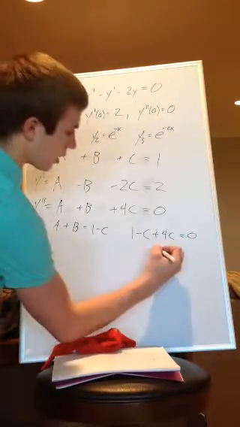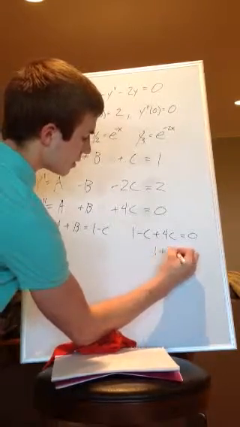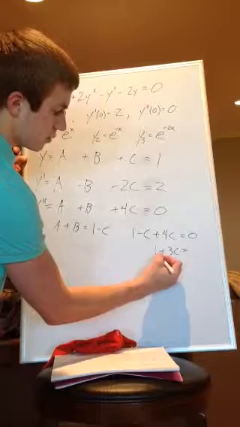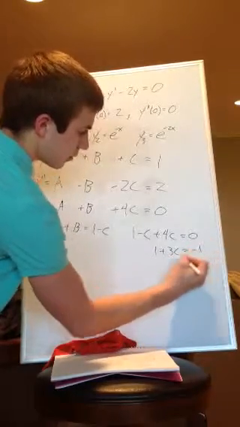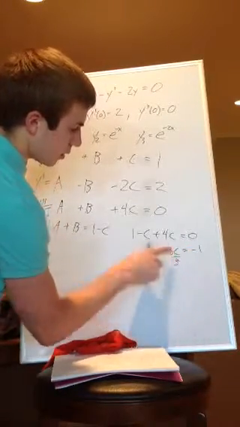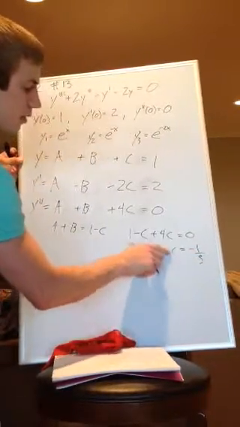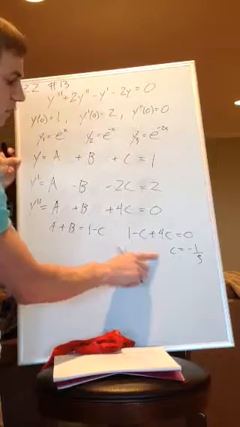Taking this down, we're going to have 1 plus 3c equals 0, and we'll subtract this 1, so we'll have negative 1, divided by the 3. What we're going to have left is c is equal to negative 1/3.